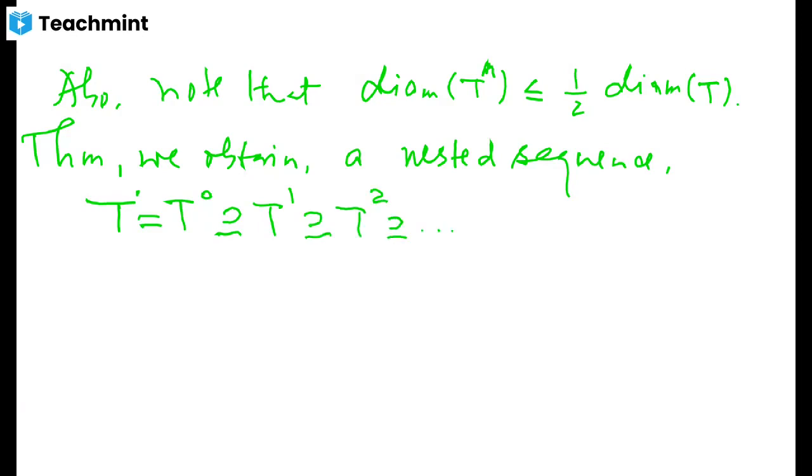In this way you have triangle T_{n-1}, you have triangle Tn, and you can continue this process. These triangles are closed and bounded, so this is a nested sequence of compact sets, because closed and bounded sets are compact sets.